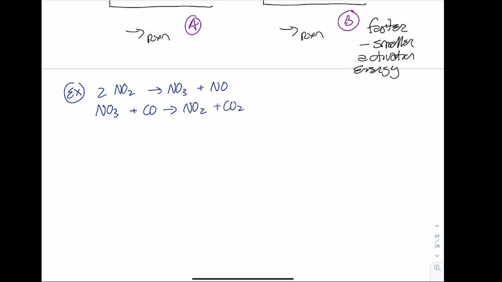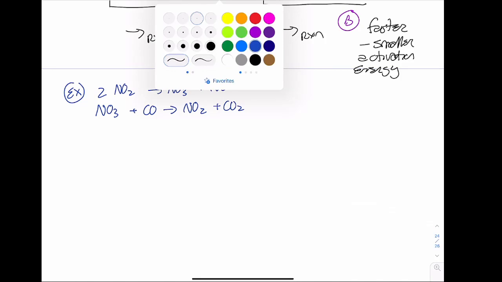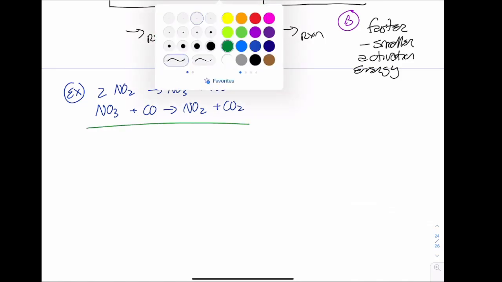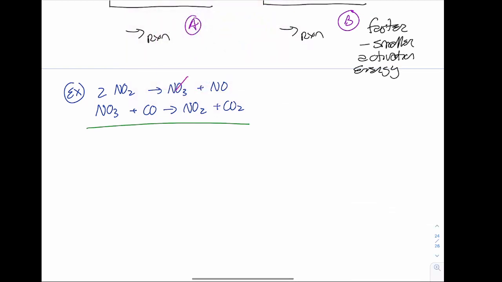So 2 elementary steps. We can write our net just for fun, right? In my net, I'm going to end up canceling NO3. That's going to be an intermediate, right? I made it and then consumed it. And then I'm going to cancel one of these NO2s.